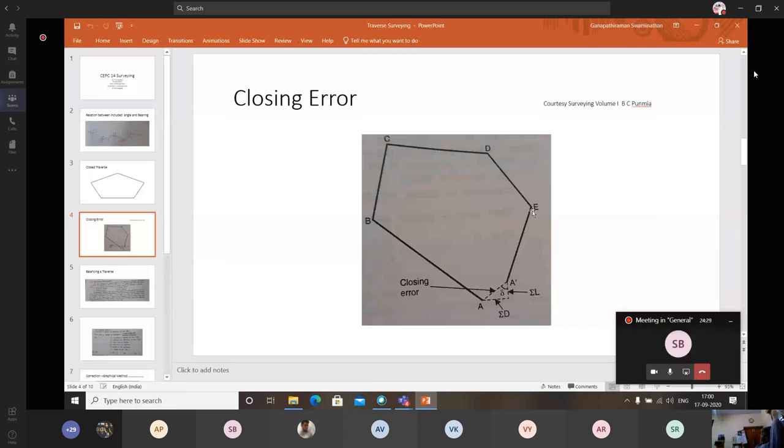95% confidence limit. This is the area enclosed by a normal distribution curve between mu minus 2 sigma and mu plus 2 sigma. You understand? Sigma is the standard deviation, mu is the mean. The area enclosed by the curve from mu minus 2 sigma to mu plus 2 sigma is 95%.